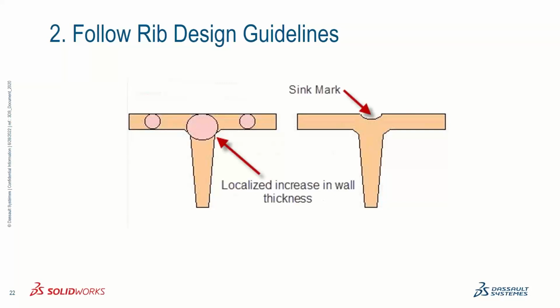This depression will be something that you will be able to see on the opposing surface of the rib. And if it happens to be on, let's say, a visible surface, obviously it's highly undesirable, because it's going to affect the aesthetics of the design.